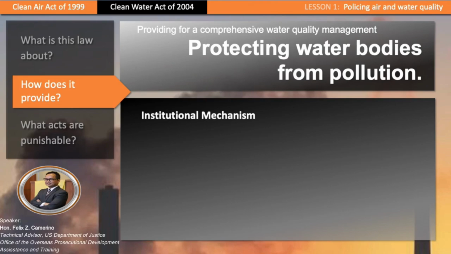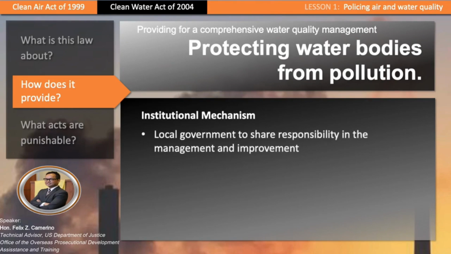Okay, so besides the DENR, the local government also plays in. They have a role in this whole objective of protecting water bodies from pollution. Okay, they share responsibilities in managing and improving the conditions, as it pertains to their area of jurisdiction.